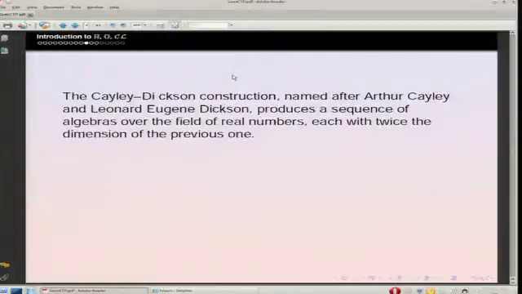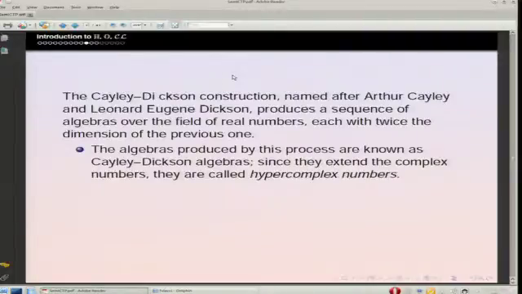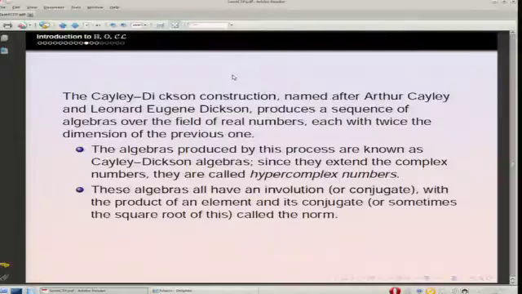However, the Cayley-Dickson construction produces a sequence of algebras that are extensions of the complex numbers, called hypercomplex numbers.